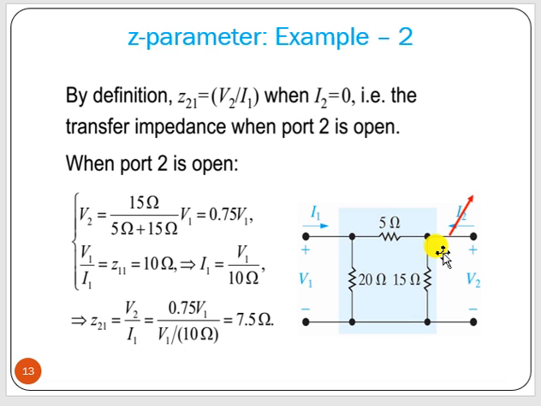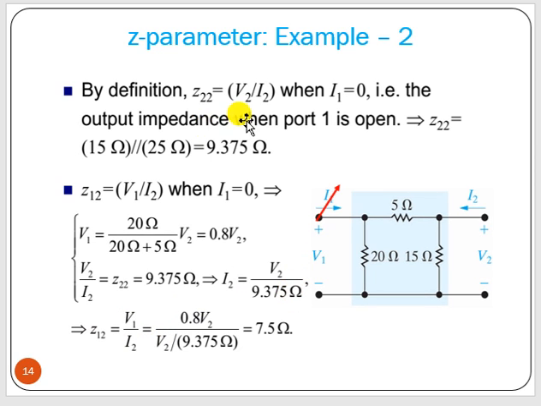So V2 equal to nothing but 15 ohm divided by 15 plus 5 into V1. V1 is here across this 20 ohm. So we got V2 in terms of V1. Now we know V1 by I1 equal to 10 ohm, that is Z11. So we can find out I1 equal to V1 by 10 ohm. Now this Z21 is V2 by I1. Now we can put this I1 value here. Then we get the value of Z21.